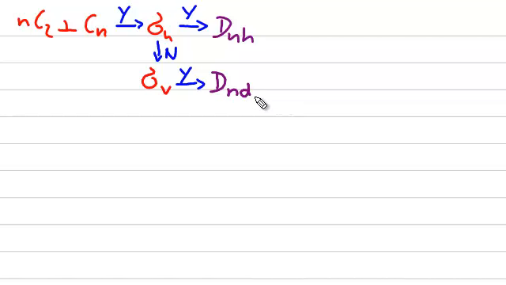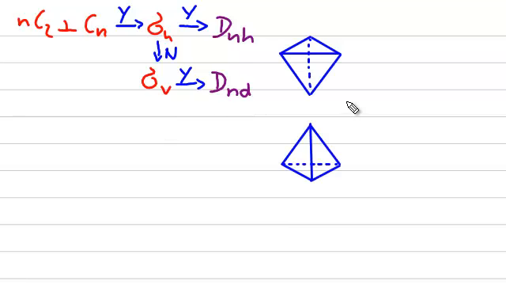Now this D here stands for a reflection plane which is everything but in horizontal direction. And here is our example structure which represents such a point group. And as an example, we want to discuss CH3, CH3.